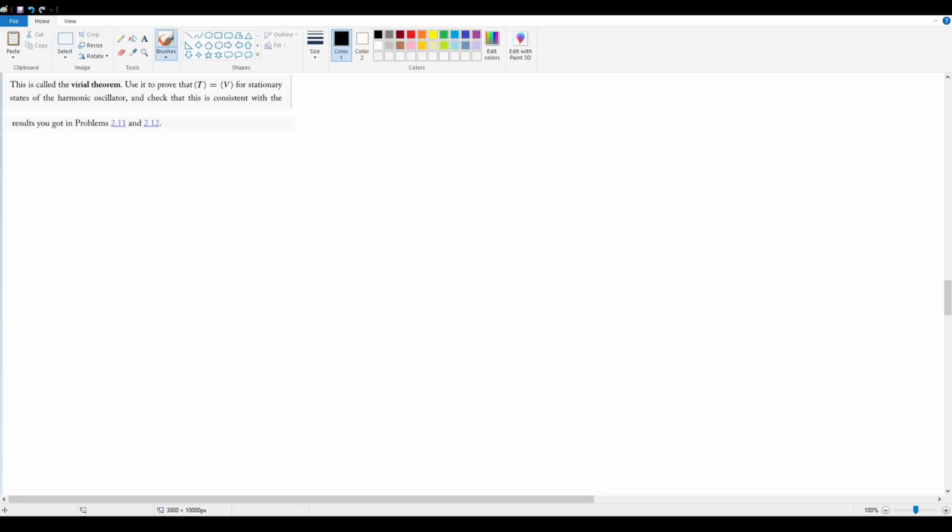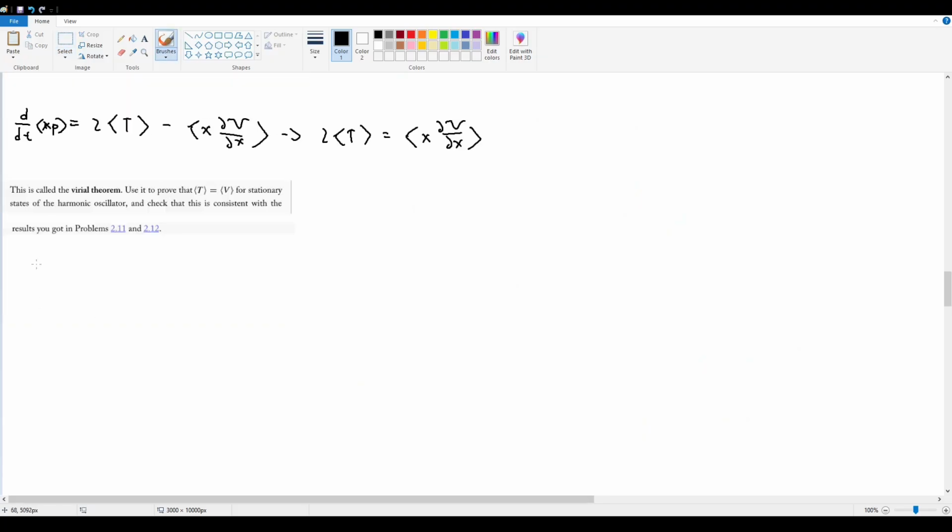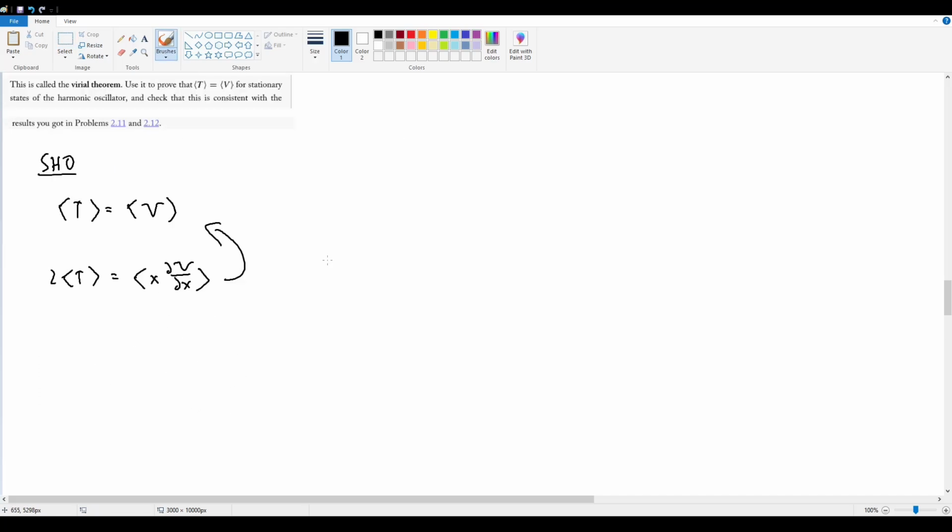So let's look at this. For a simple harmonic oscillator, we want to show that the expectation value of T is equal to the expectation value of V. Now, the simple harmonic oscillator is a stationary state, so we know that this expression is still true. So we want to somehow take this expression and simplify it down to this. How do we do that?